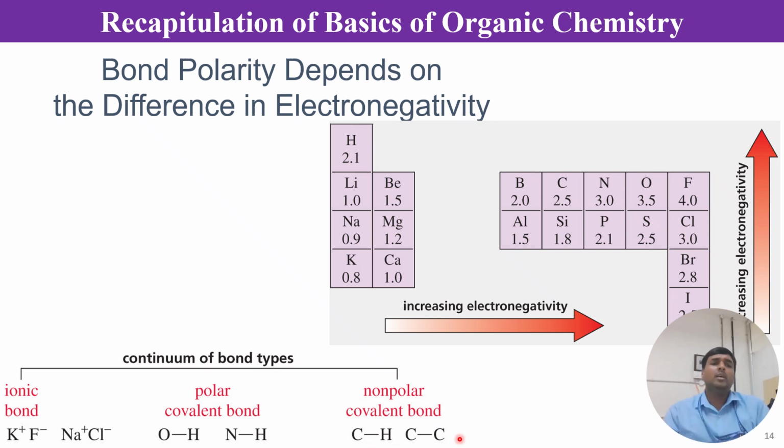So there are three types of bonds you can consider. One is the non-polar covalent bond, when the electronegativity difference between two atoms is less than 0.4. Then there is the polar covalent bond, where the electronegativity difference is more than 0.4 but less than 1.